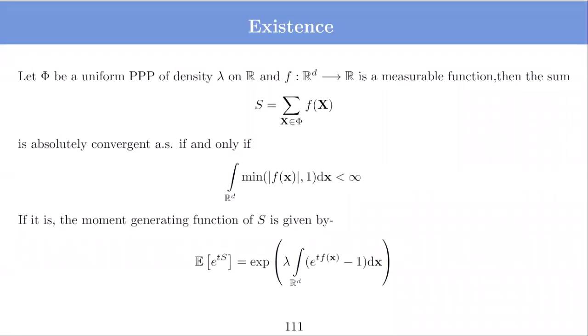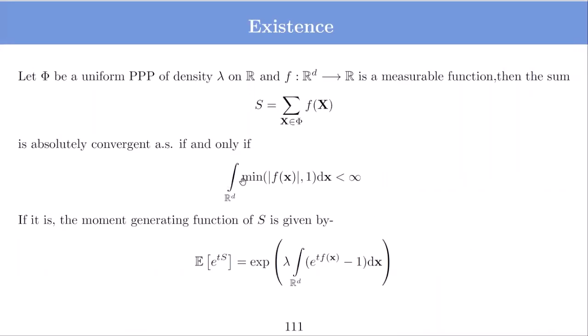Now, in the end, we compute the technical requirement for the Laplace transform or the distribution of this to exist. Let Φ be a uniform Poisson point process with density lambda, and f is a function from R^d to R plus, and it's a measurable function. Then the summation S equal to the summation of f(x) is absolutely convergent almost surely if and only if this integration is finite.